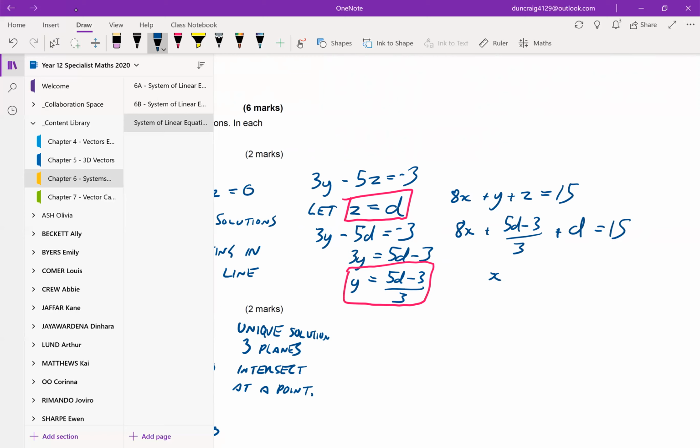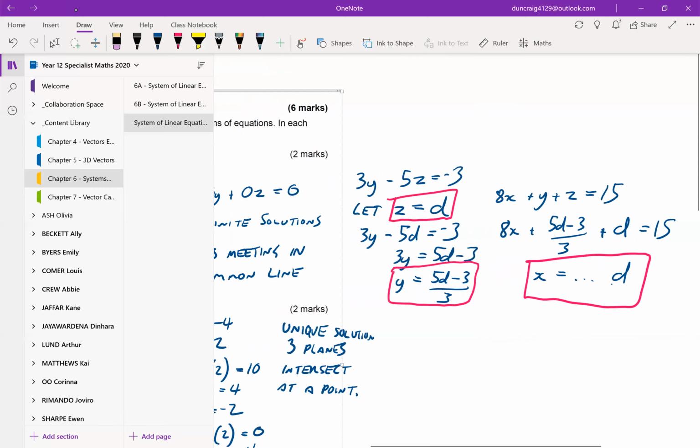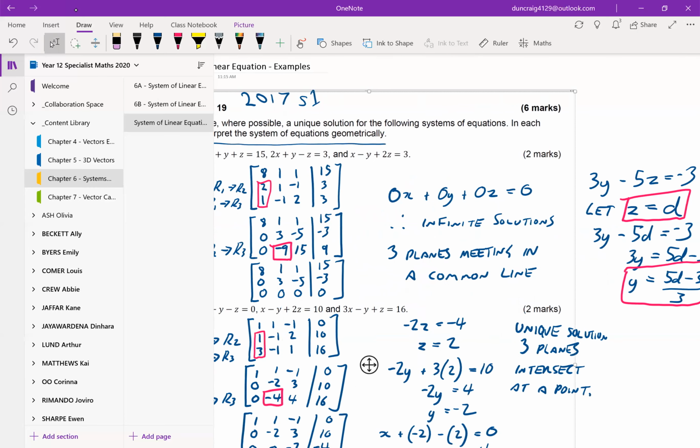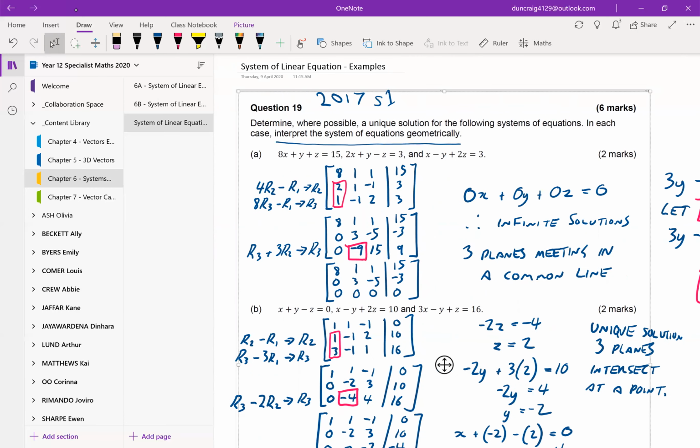And then I could say x is equal to blah, blah, blah in terms of d. That could be a general solution. And obviously there are infinite solutions because d can represent any particular value, and for whatever value d is, you could find the corresponding y coordinate and x coordinate as well. Okay, that's just something else I wanted to show you there, but I don't think it's asking for it in this scenario here.